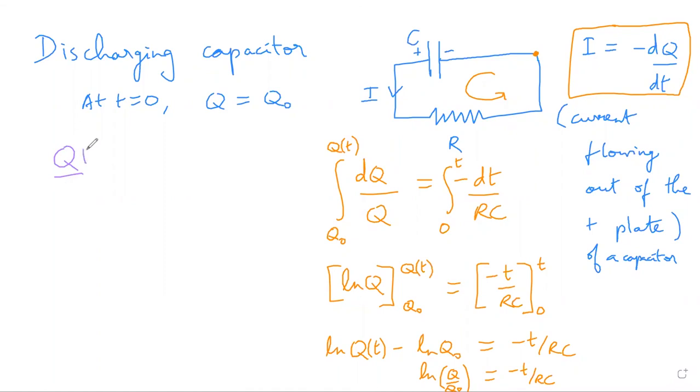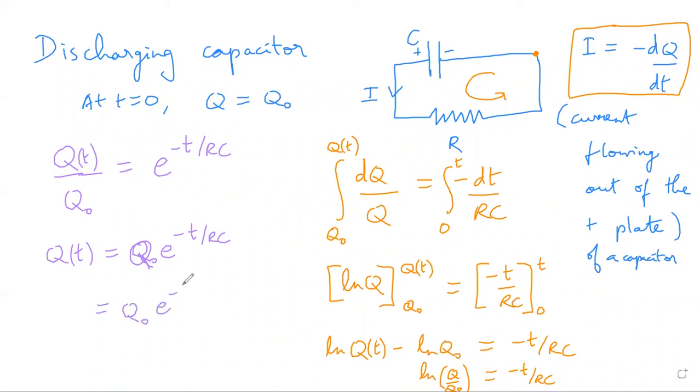So we have Q of t divided by Q naught is equal to e to the minus t over RC, or Q of t is equal to Q naught times e to the minus t over RC. And the general form of this is Q naught times e to the minus t over tau. This is the equation for a discharging capacitor.